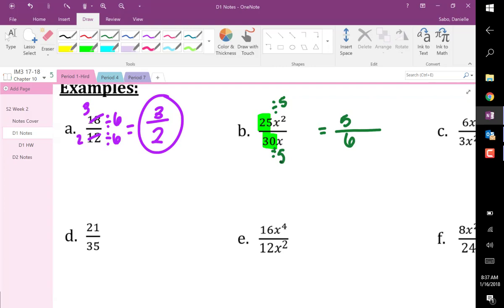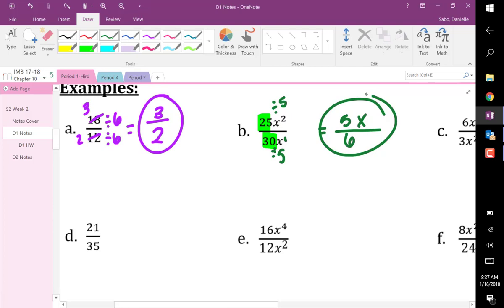Hopefully you remember from when we've done this in the past or from last year. Does anyone know what happens? You actually subtract exponents. What secretly is right here? A 1. So what's 2 minus 1? 1. Now is the x going to be on the top or the bottom? The top. Very good. Because the bigger exponent is on top. And we're done.